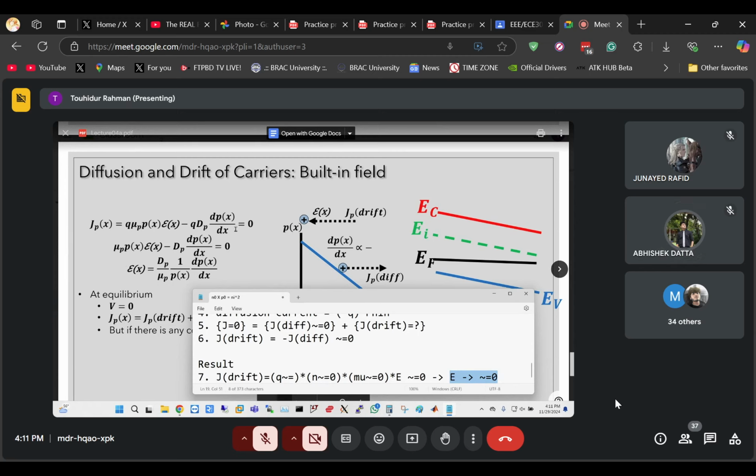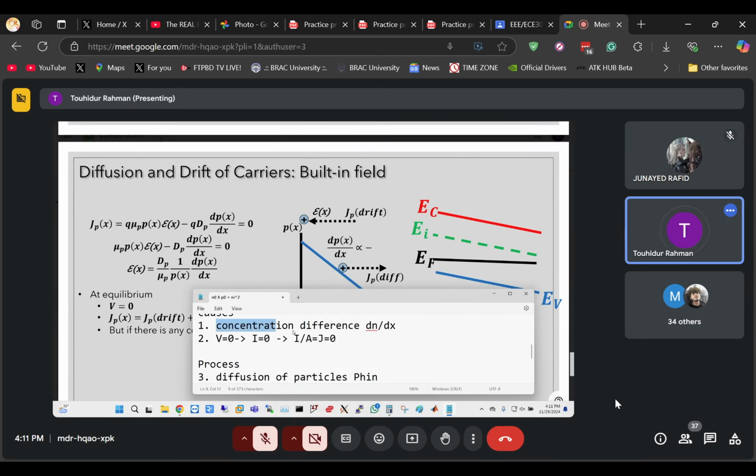If we use this condition, concentration difference, current 0, concentration difference, I have dN/dx, but you can use dP/dx, it is the same. Concentration difference, current J equal to 0. If we satisfy these two conditions, the electric field we get is called the built-in electric field.